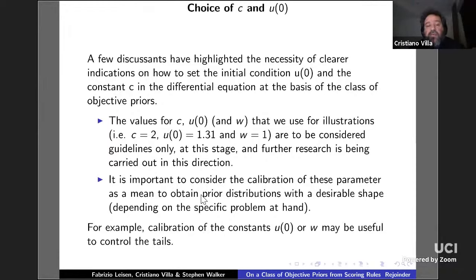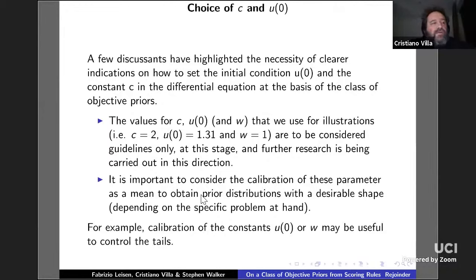So in the first case, yes, the paper gives some initial guidelines that future research will need to address, in trying to understand better, for specific scenarios, what are the best values to be given to C and/or U naught and/or W. And second, about whether the choice of these parameters can make the prior subjective, we need to consider that the way these parameters act on the prior is on the shape.